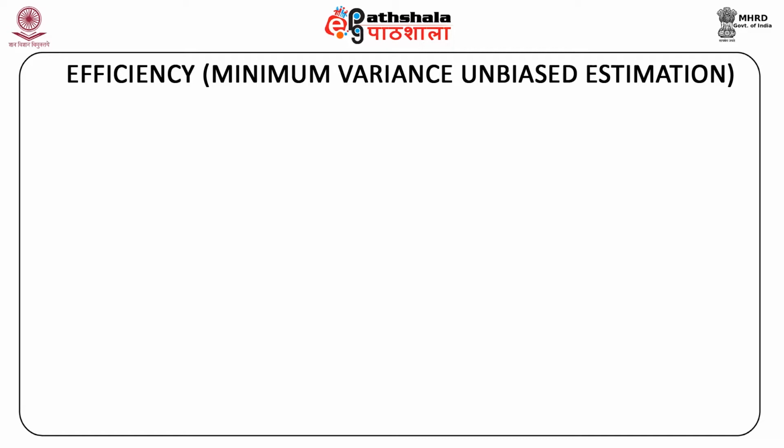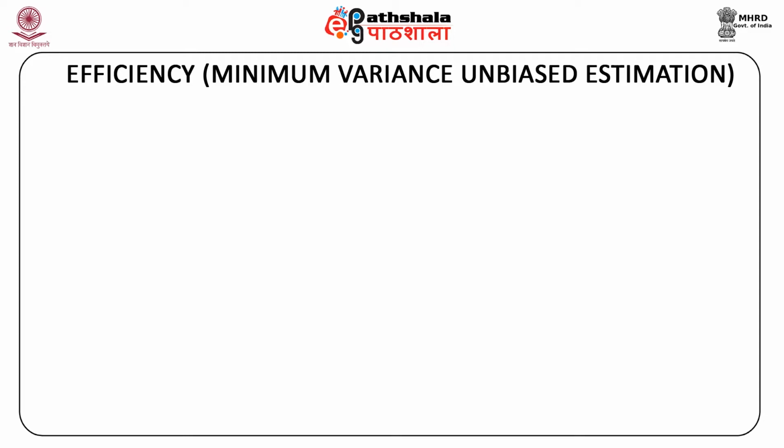If the population is symmetric and continuous, then the following are all unbiased estimators of the population mean. For example, sample mean x bar, sample median x tilde, sample trimmed mean x tr bar, semi-interquartile range, etc. Choice of the best among unbiased estimators is based on the principle of minimum variance.